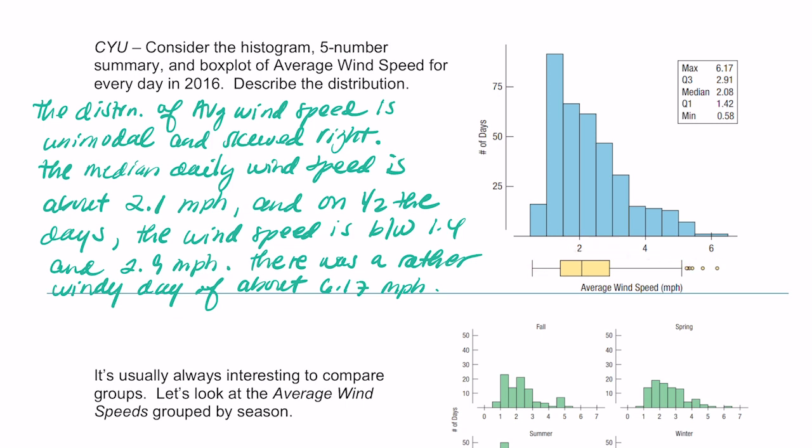Normally you can't tell shapes from box plots, but you can kind of tell here because there's outliers, which also tells us we'd want to use the median, which we can see here is at about 2 miles per hour. We can also see our IQR here in this box, which is from about 1.4 to 2.9 miles per hour. And we see again our outlier, or at least the value that's far away from the rest of the data, which was 6.17 miles per hour.